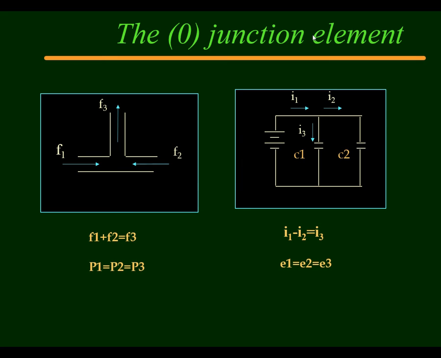Okay, finally, we need two junction elements. We need to connect these elements that we have seen. You have the zero junction here, which is this type of connection that you see on the left hand side, where the flow goes in this way, another flow goes in this way, and another one continues like that.